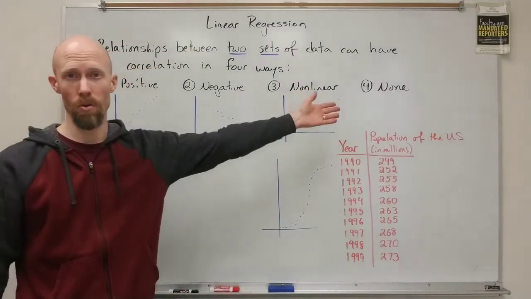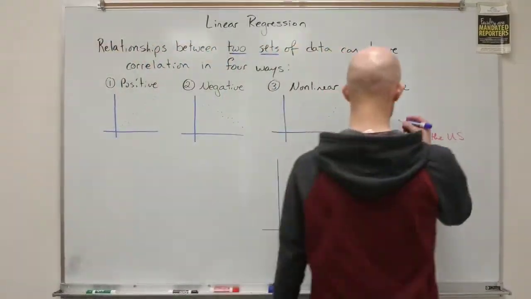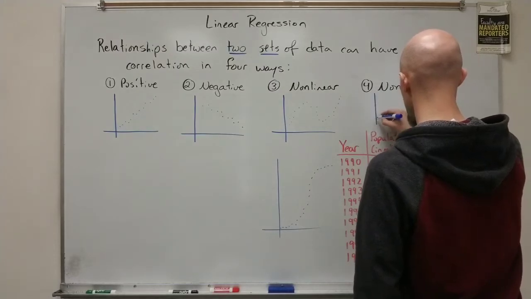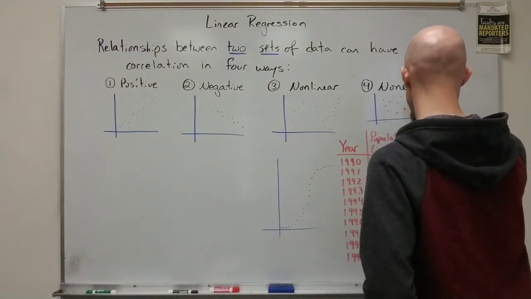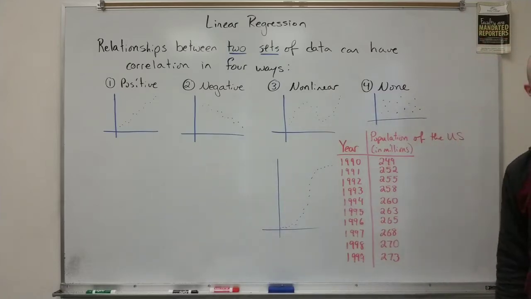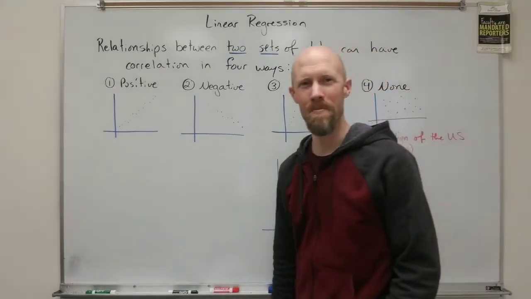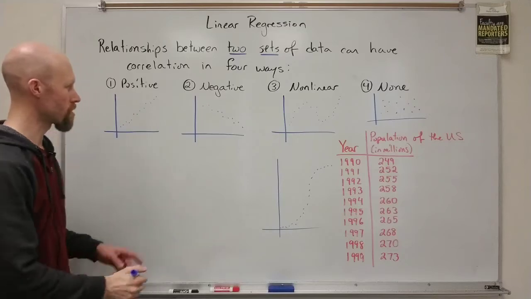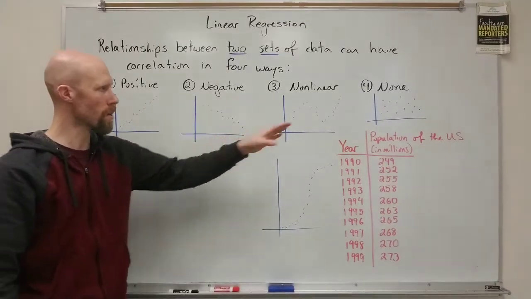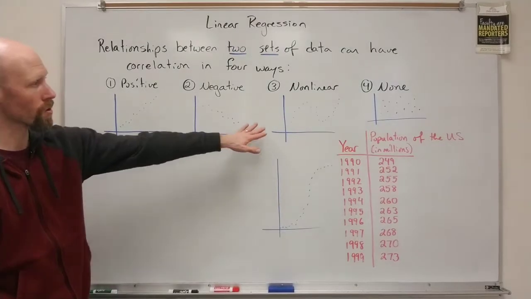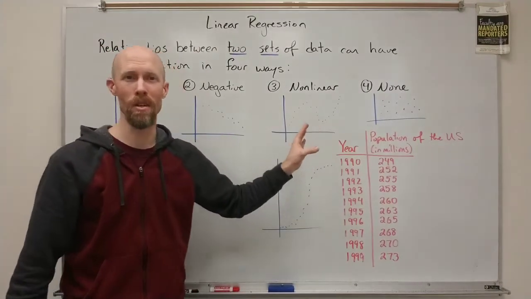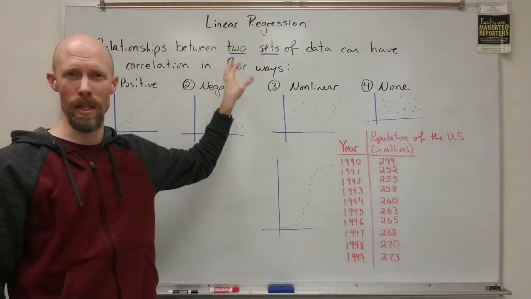And then of course there's no correlation at all. And no correlation could be, again, a variety of different things, but it's just dots. No real pattern to it, okay? We're really going to focus in on these first two, and a little bit on the last one as well. The nonlinear correlation is important, but it's not really going to be part of what we're talking about with linear regression.